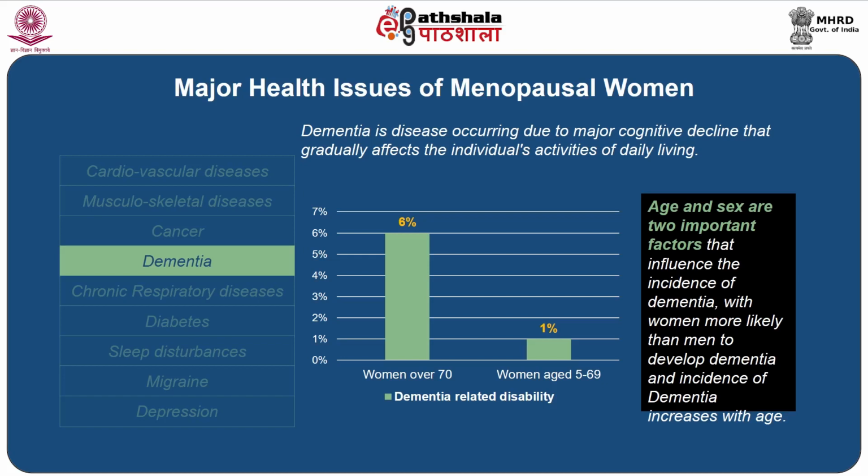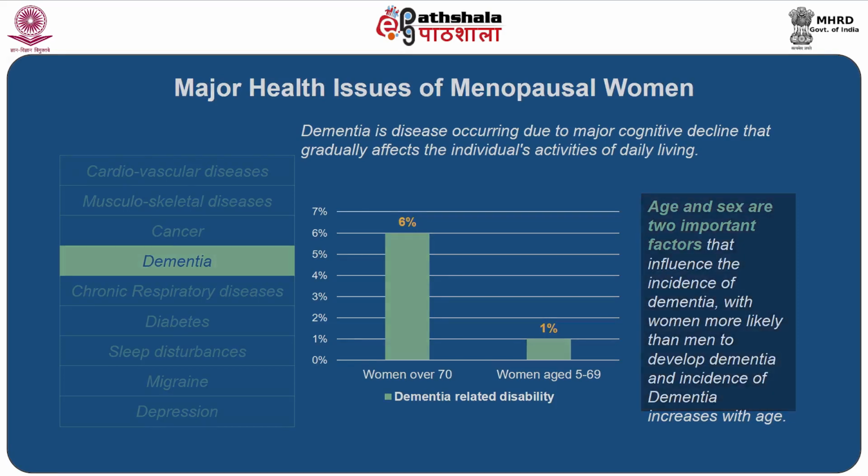About 6% of elderly women aged 70 years and above and 1% of women aged 50 to 69 develop disabilities due to dementia. Age and sex are two important factors that influence the incidence of dementia, with women more likely than men to develop dementia, and incidence of dementia increases with age.